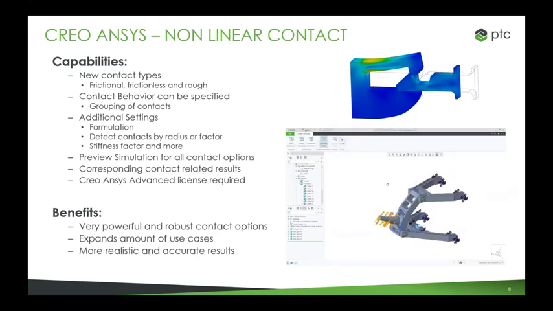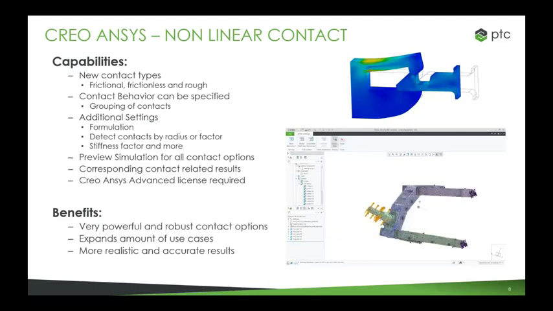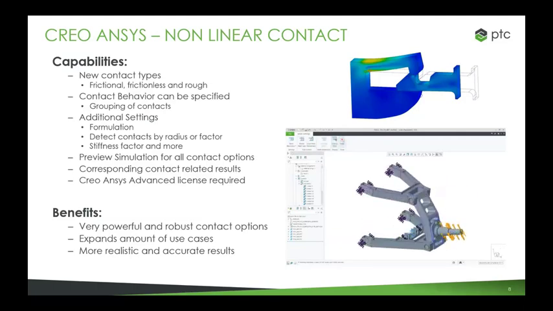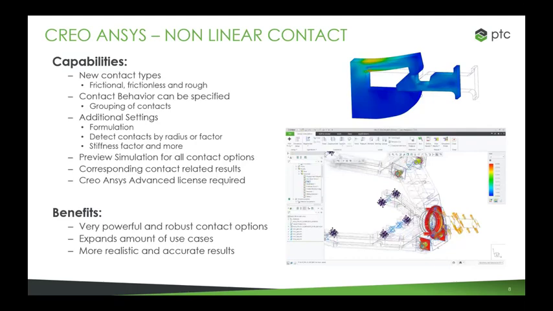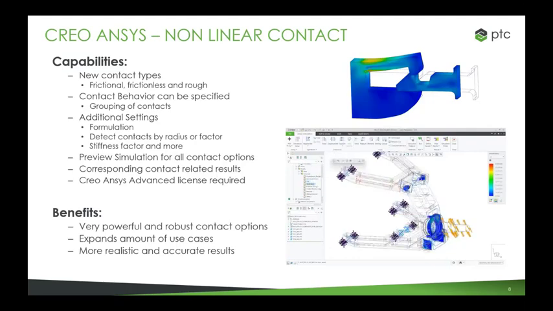We pretty much took every option that we had available and put it into this part of Creo Ansys. An Ansys advanced license is required for nonlinear materials, nonlinear contact, and also for multi-physics, structure and thermal together, which we'll show as well. You have to have the advanced license to do those.